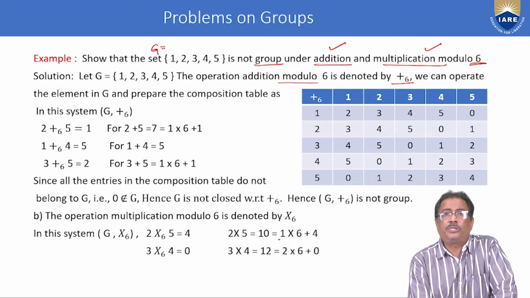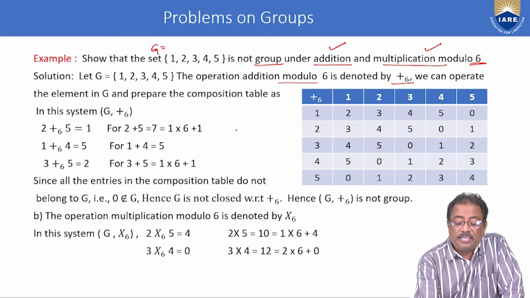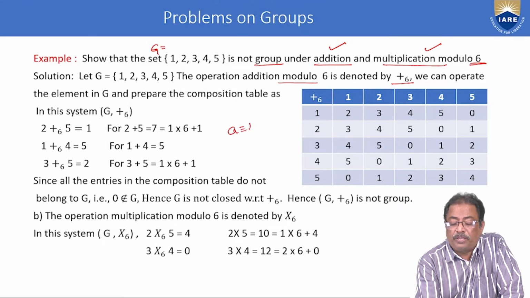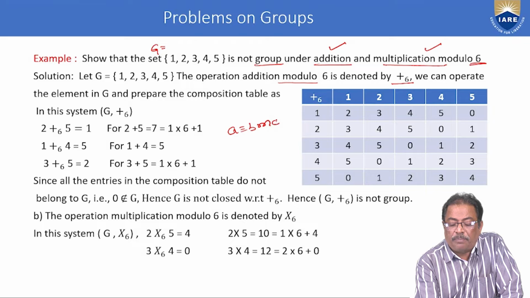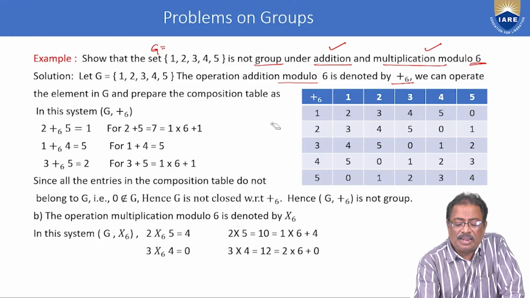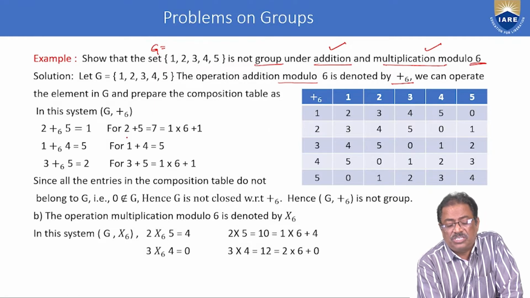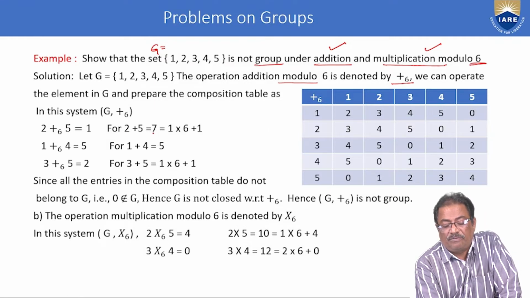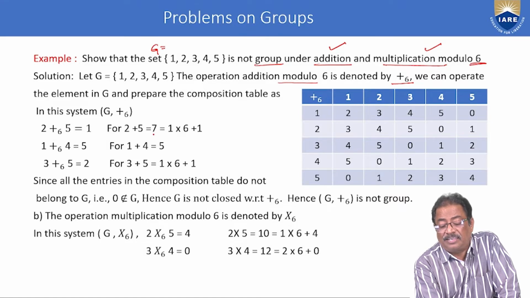Or else, A is congruent to B modulo N if A minus B is divisible by N. Or in another way, just add these two numbers, and if it is greater than that, I write it in terms of a factor.